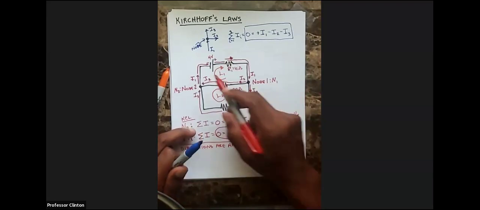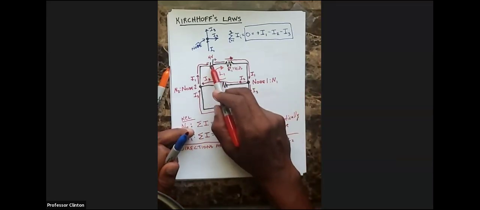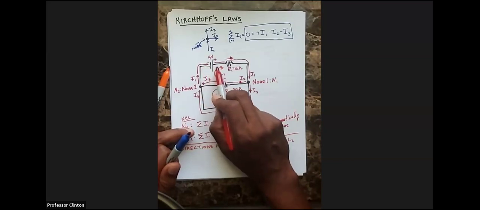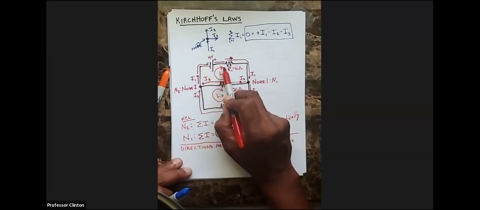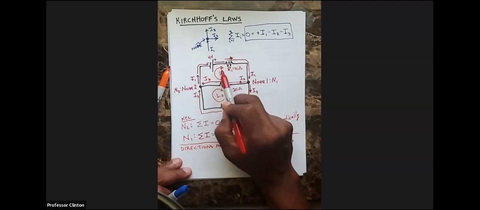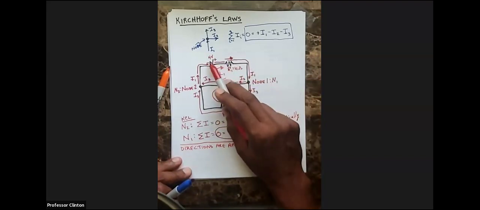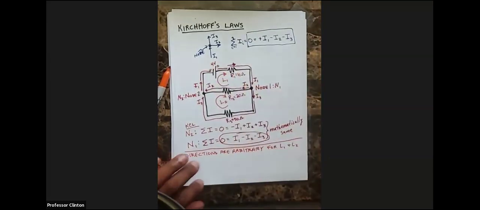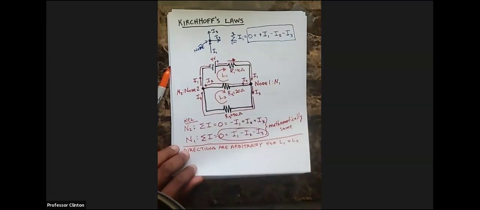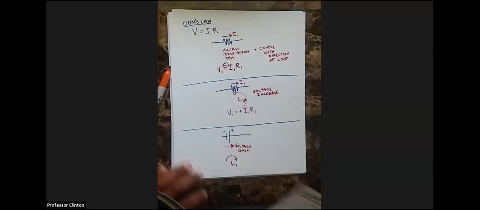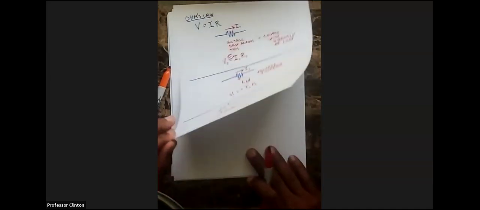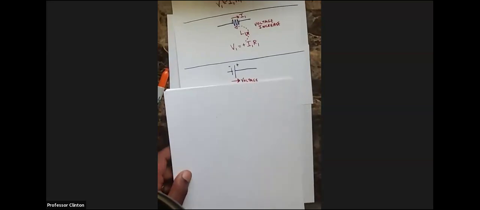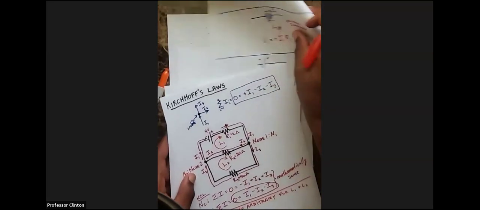One more time, as it relates to the battery, as we go in this direction relative to the loop, we're going to see a voltage gain of 4 volts. We go all the way around, and the sum of all voltages is going to equal 0. So let's press that in as well as we analyze this circuit.